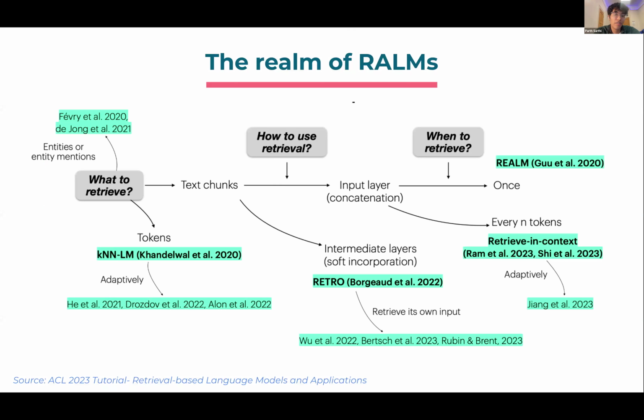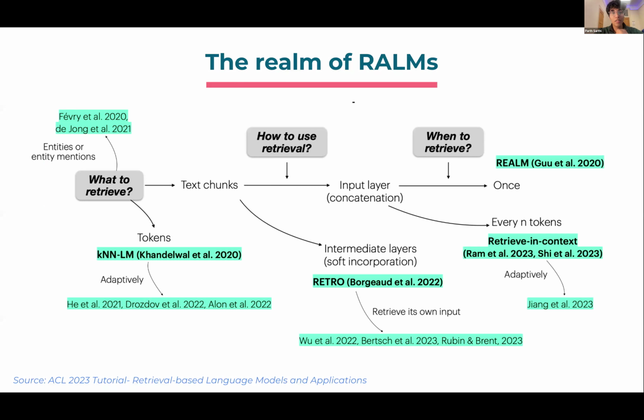I like this slide from the ACL 2023 tutorial on retrieval-based language models and applications about all the exciting questions in the realm of retrieval augmented language models. I know LlamaIndex has been working on a lot of them too.